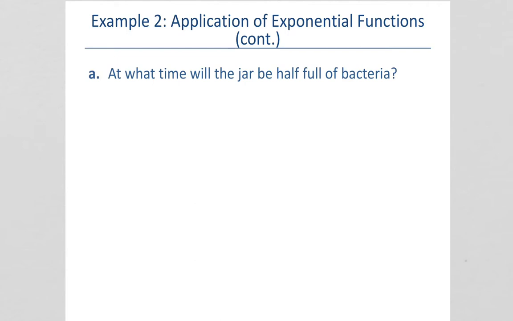Okay. Well, what do you want to say? You want to say if it's full at 8:30, it's going to be half full at 8:15, right? But that's not the case.